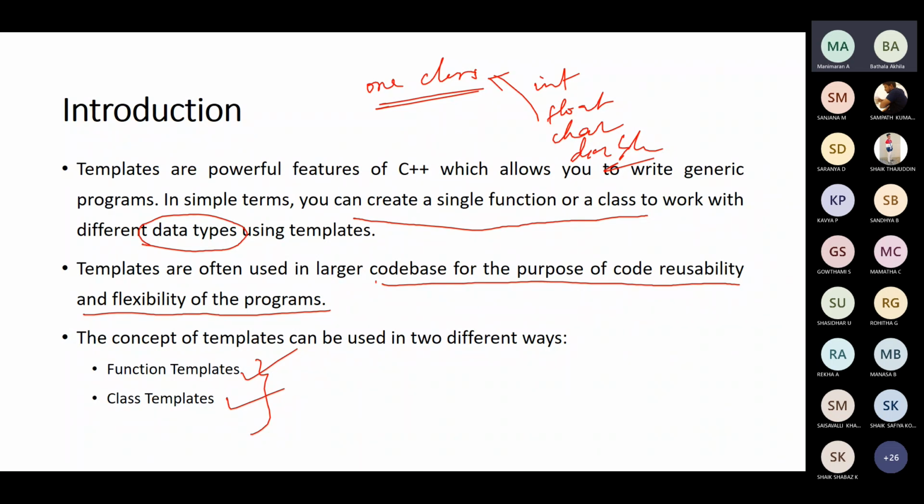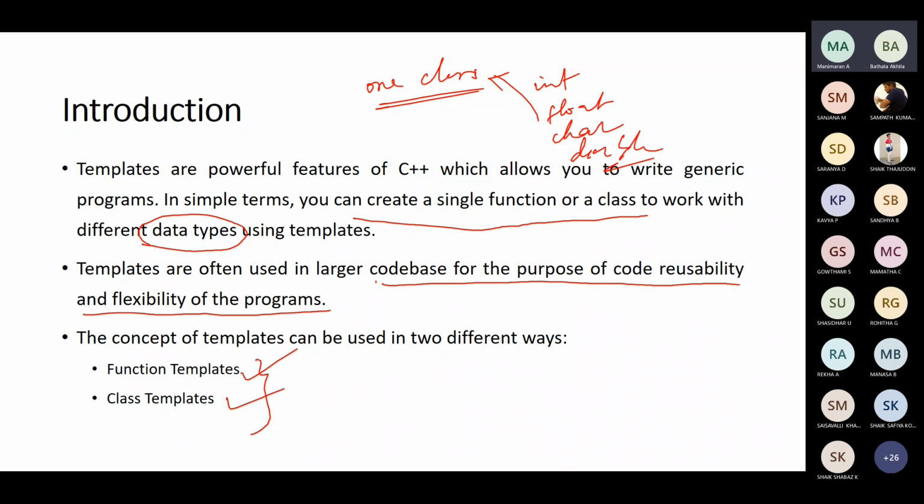But in case of template, we are going to use only once. Afterwards, any number of time, any number of different data types, we can use that particular function. That is called a template. Similarly, class. So we will take function template and then class templates one by one, and we will see the example programs.